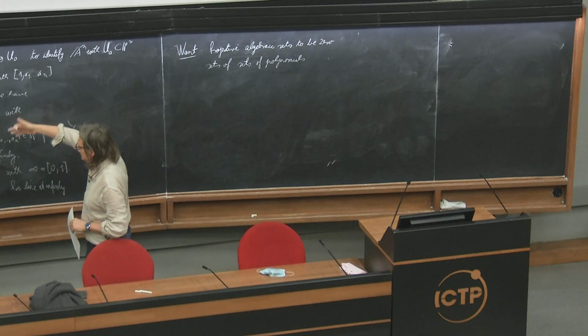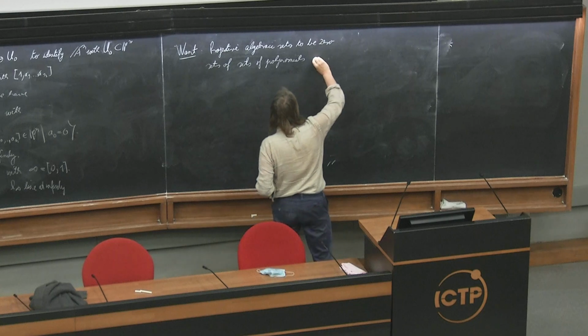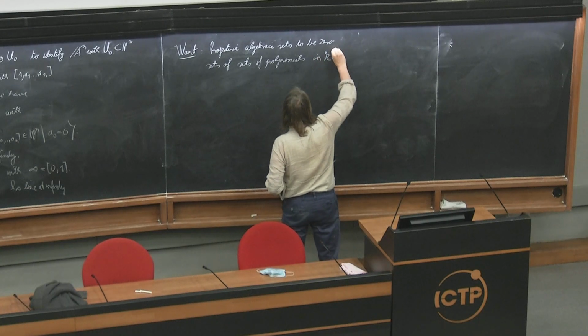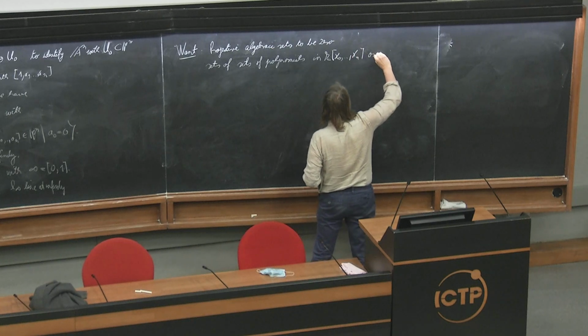And on this projective space, we have these n+1 coordinates, so in k[x0, ..., xn] on P^n.